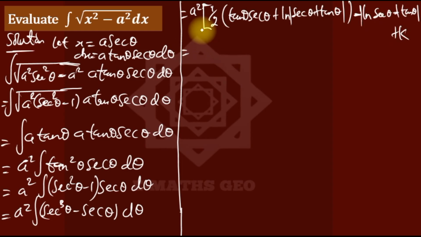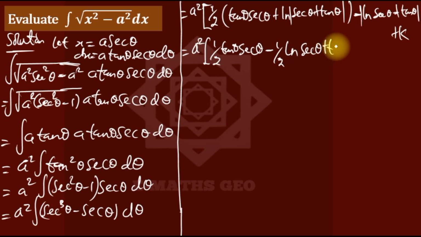So this is equal to a squared times half. Half times that is half tan theta sec theta. Half times this is plus half of this minus this. So we now have minus half ln sec theta plus tan theta plus k.